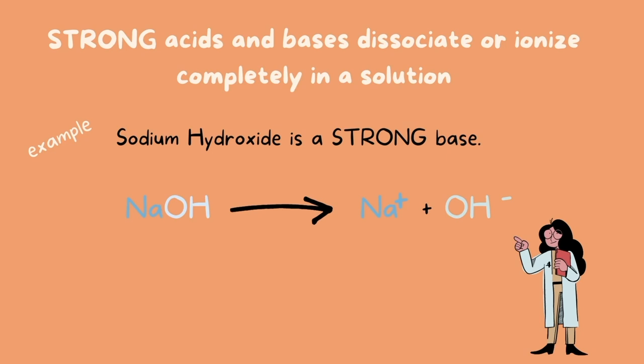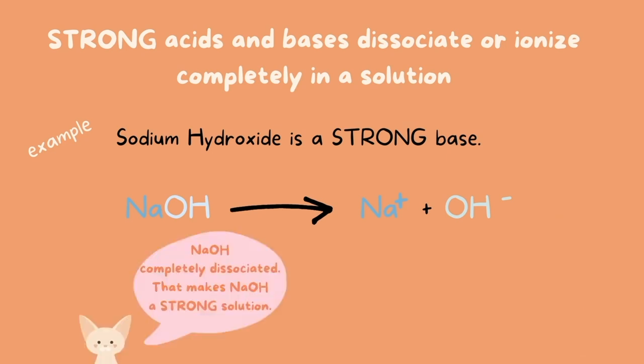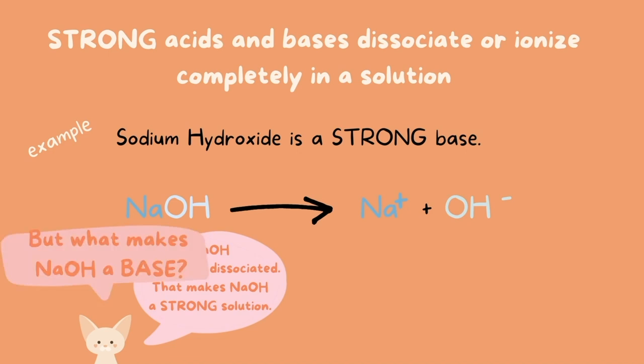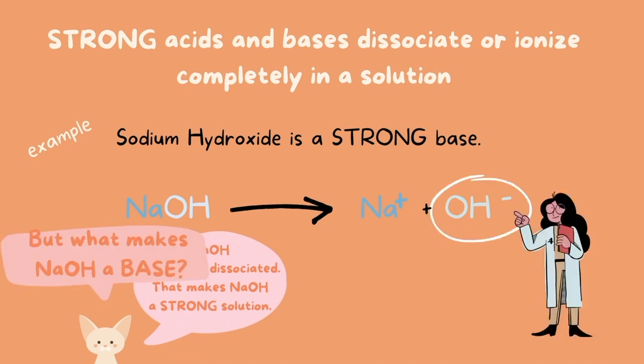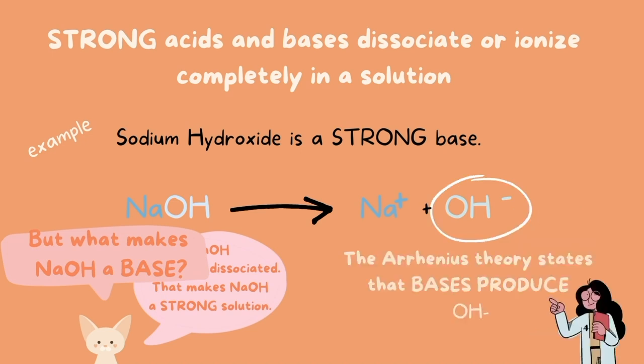Because sodium hydroxide completely dissociated, it completely broke apart, that's what makes it a strong solution. Now, what makes NaOH a base? Well, it created hydroxide ions in a solution, and the Arrhenius theory states that bases produce hydroxide ions in a solution. So sodium hydroxide is a base, and it is a strong base.